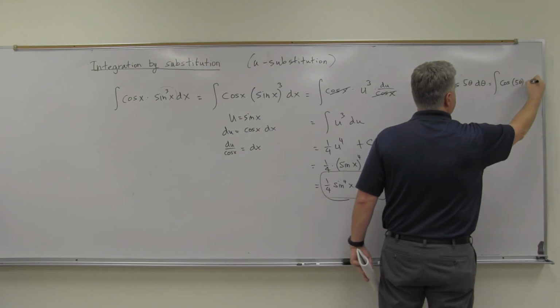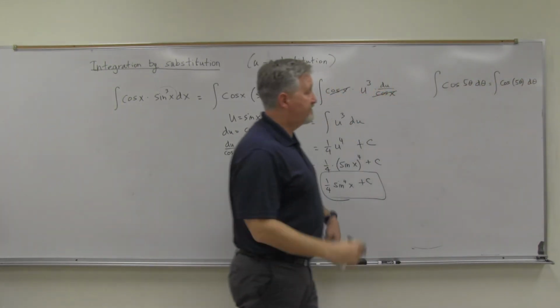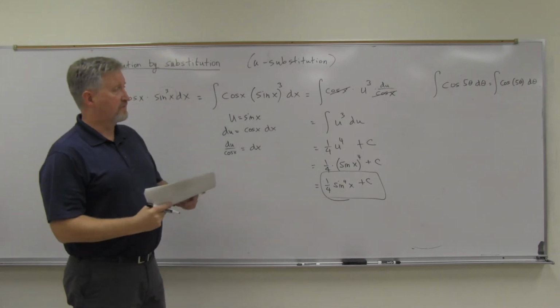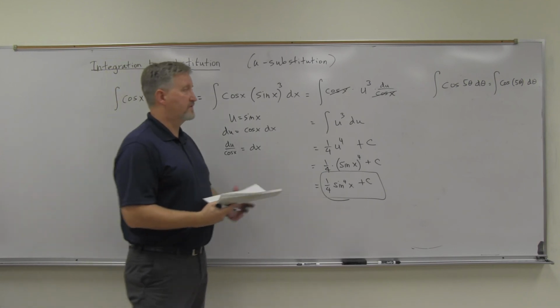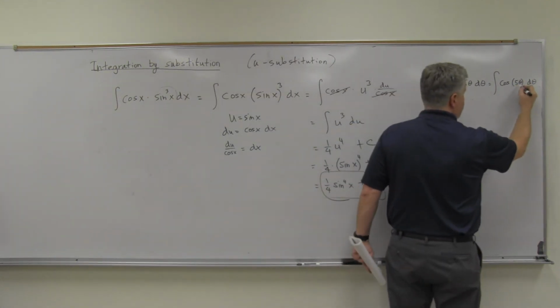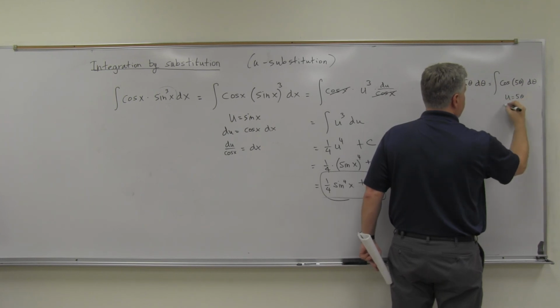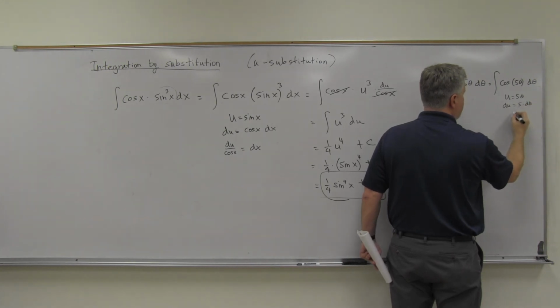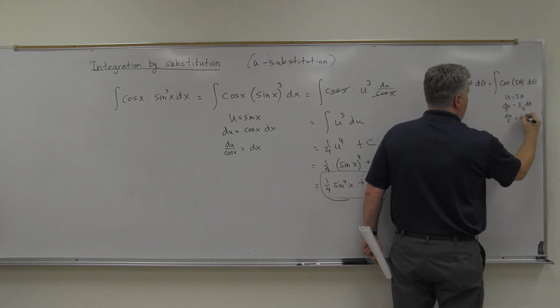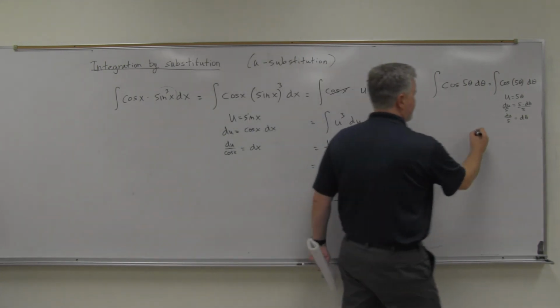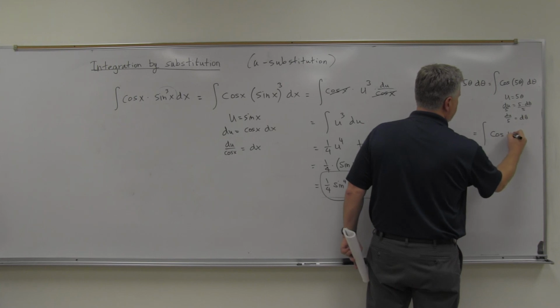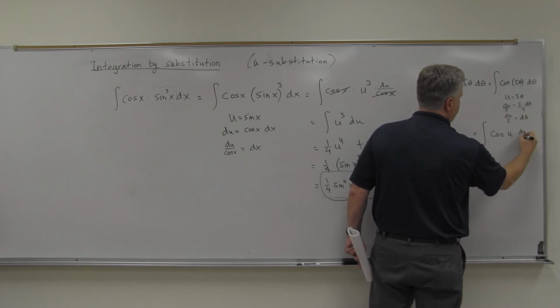And if we put parentheses around the 5 theta, meaning the cosine is of 5 theta, then obviously this is a U substitution because u would be the 5 theta, and du would be the derivative of that, which would be 5 times d theta. And so, divide by 5, du over 5 is my d theta. It's a little simple substitution, but nonetheless it is a U substitution there. So you've got the cosine of u, and then d theta is du over 5.